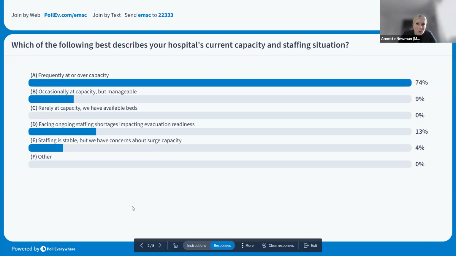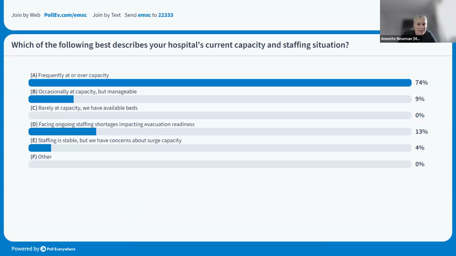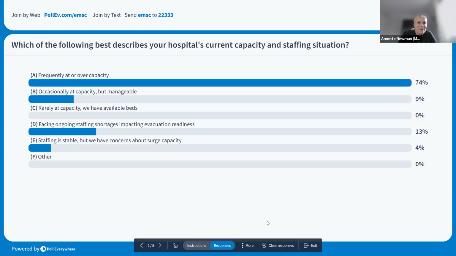Is it staff? Is it equipment? Is it transport? Is it something else in that surge capacity that keeps you up at 2 o'clock in the morning? Although that one is only 4%, but would be valuable to know. Thank you. Staffing in space. Great.